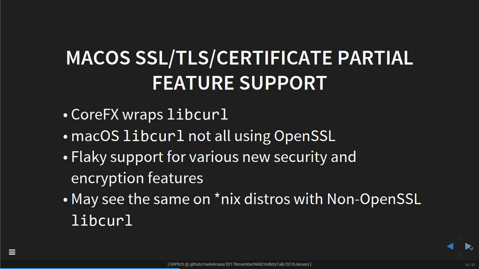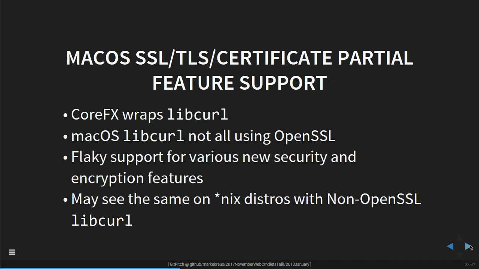The main thing is that if you're using Mac OS and you're using the web commandlets from PowerShell, you're going to want to make sure that you install libcurl, OpenSSL, and GSS API from brew. If you do it that way, most of the things will be covered. If you don't, you're going to run into a lot of errors that you're not expecting.